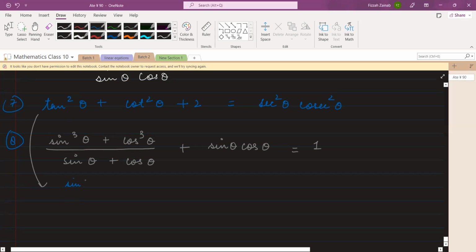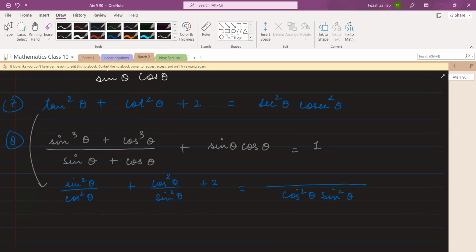So this is sine square theta divided by cos square theta plus cos square theta divided by sine square theta plus 2, right? Now you take LCM, so cos square theta sine square theta.